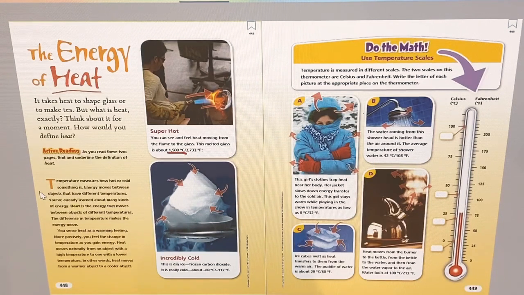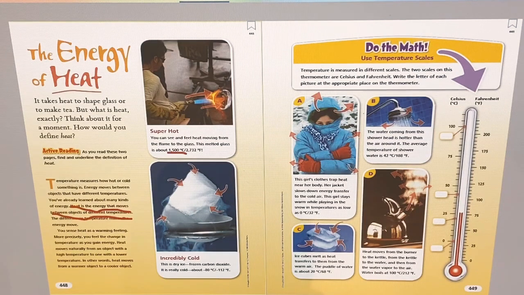You've already learned about many kinds of energy. So, heat is the energy that moves between objects of different temperatures, all right? And the difference in temperature makes the energy move, all right?